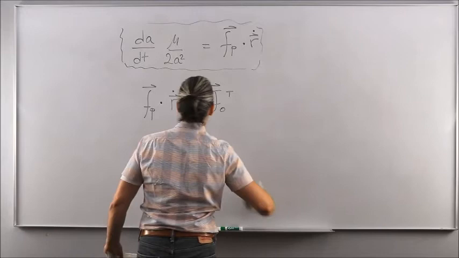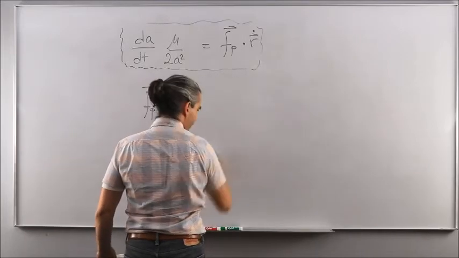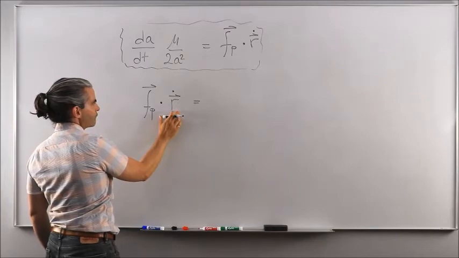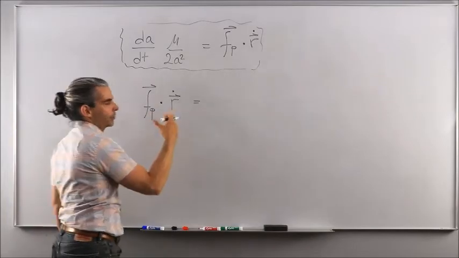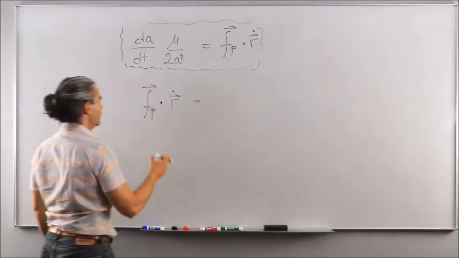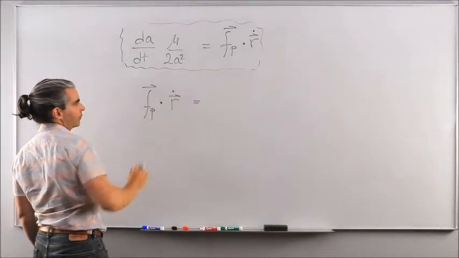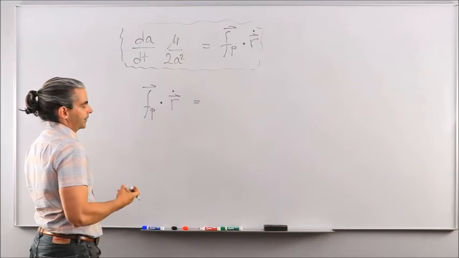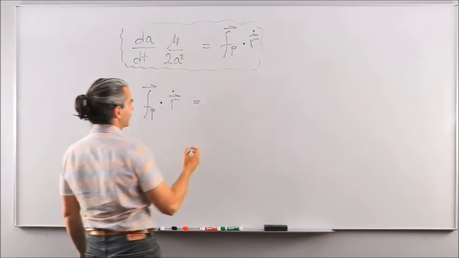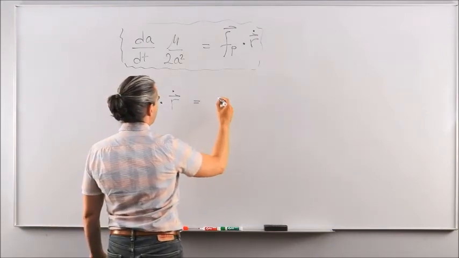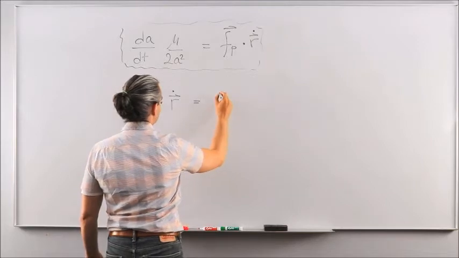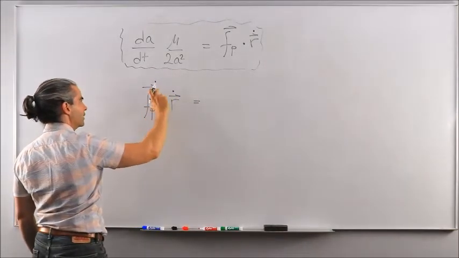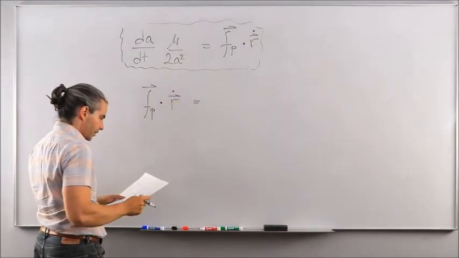Well, actually, I'm going to go straight from vectors to vector component operations, if you will, because we know that the dot product of two vectors gives us a scalar, obviously, and that scalar is going to be equal to the components of the first vector transposed times the components of the second one.